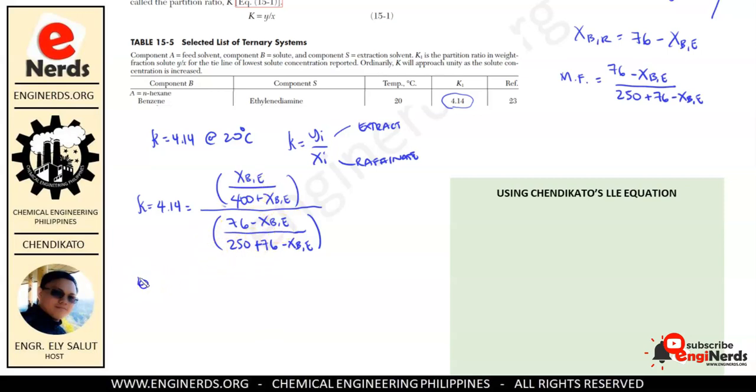Now, we have 4.14 is equal to XBE over 400 plus XBE multiplied by 250 plus 76, which is equal to 326, minus XBE over 76 minus XBE.